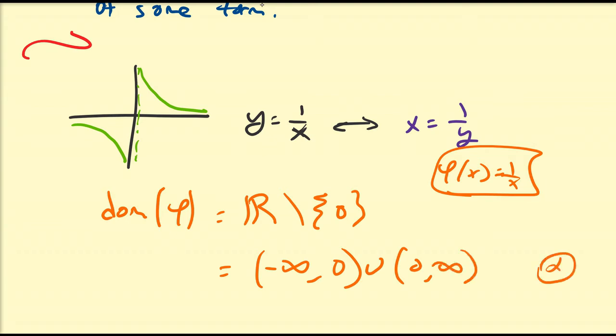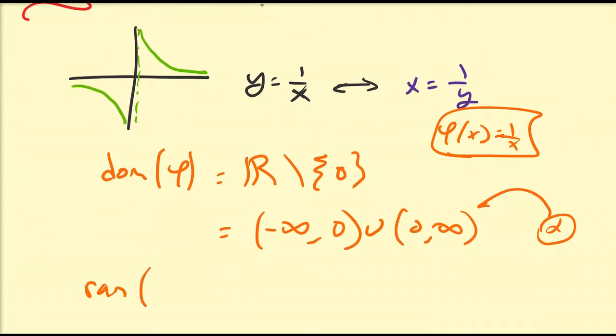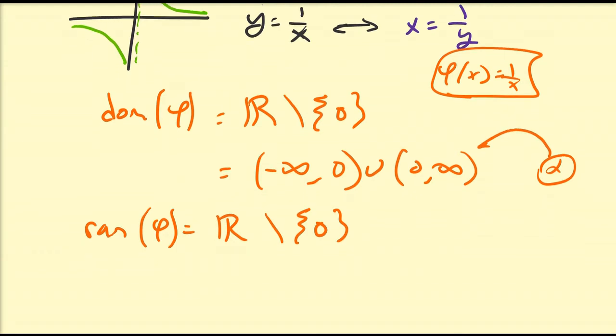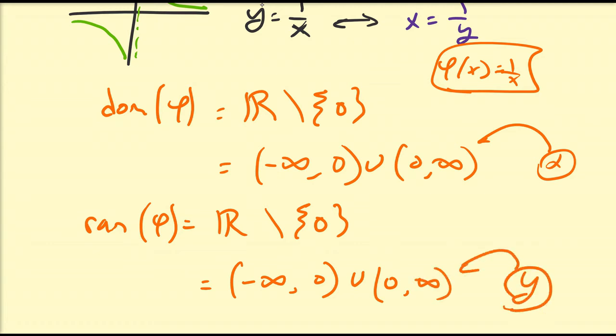So keep in mind x belongs to this interval. And the range of this function is going to be the set of real numbers except 0, the horizontal asymptote. And again, you can rewrite this in interval notation as minus infinity to 0 union 0 to infinity. And remember, we're talking about y values in this corresponding expression.